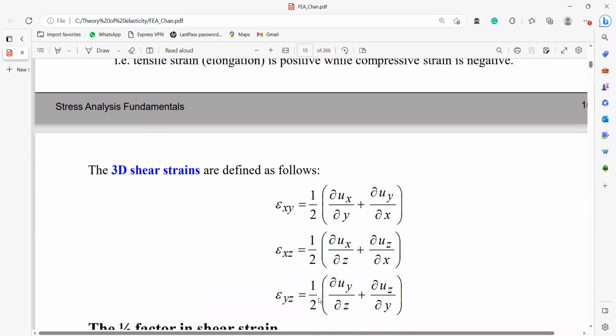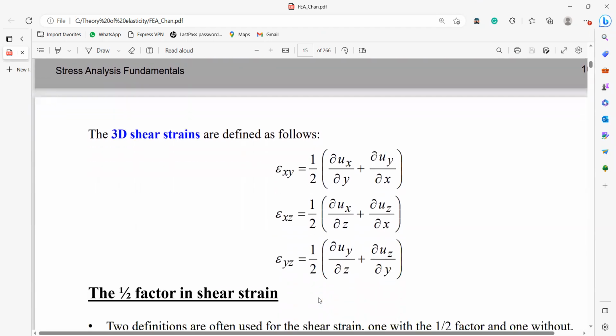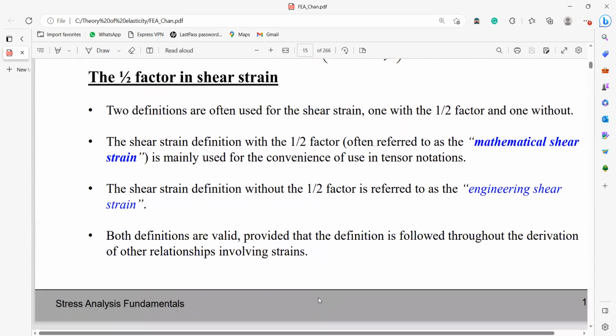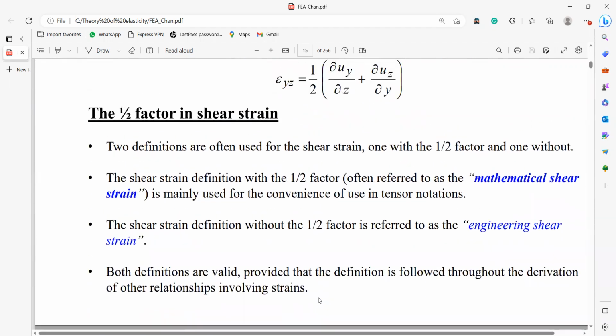The 3D shear strains are defined as follows, with the half factor in shear strain. Two definitions are often used for shear strain, one with the half factor and one without. The shear strain definition with the half factor is the mathematical shear strain. And when it comes to continuum tensor notation, let's use this.